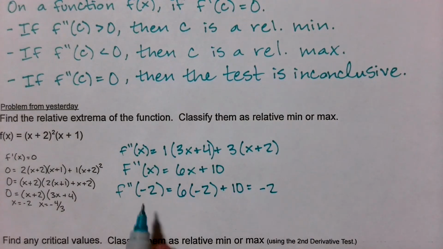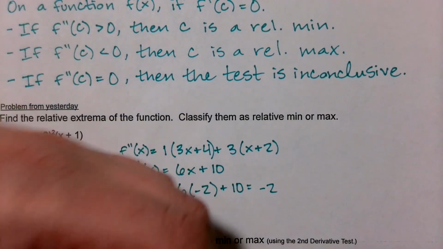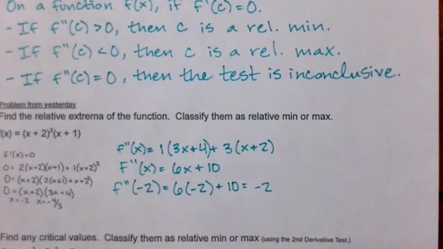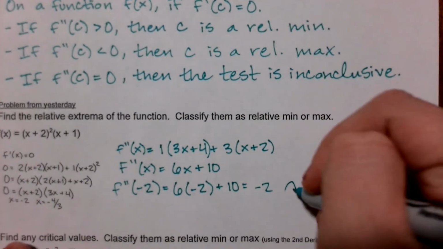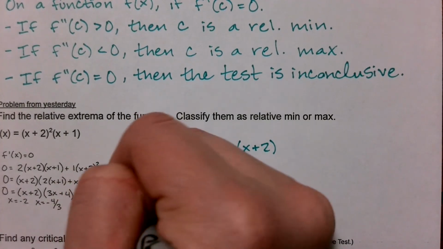This is just a coincidence, it ends up being the same thing, but since this is less than 0, that would mean that we're concave down. We're concave down, so that means that -2 would have to be a relative max. We'll write that in here in a minute.